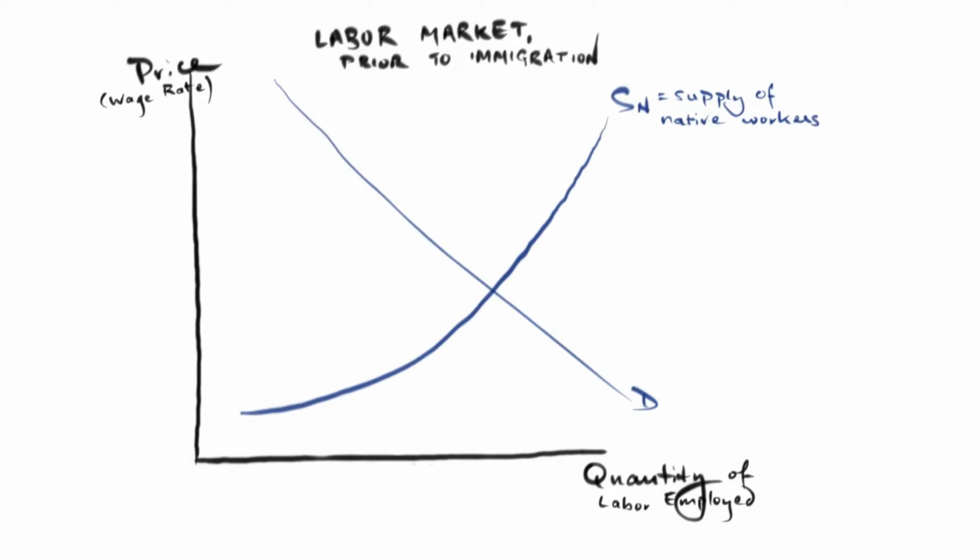We can use all of these tools to make predictions about how something like immigration will impact different sectors of the economy. Okay, I'm going to start off with the labor market in the economy.